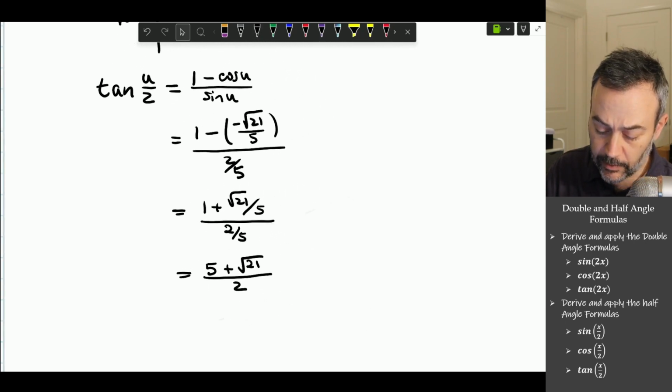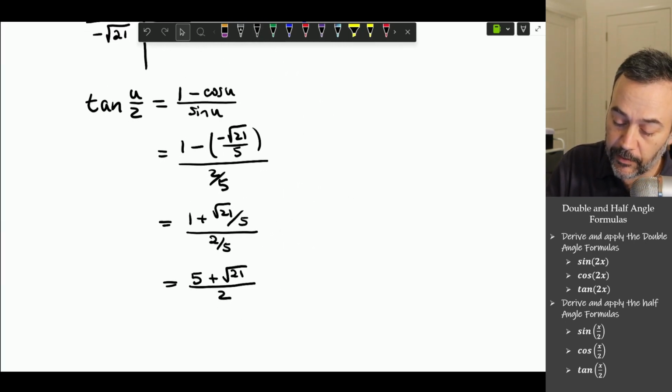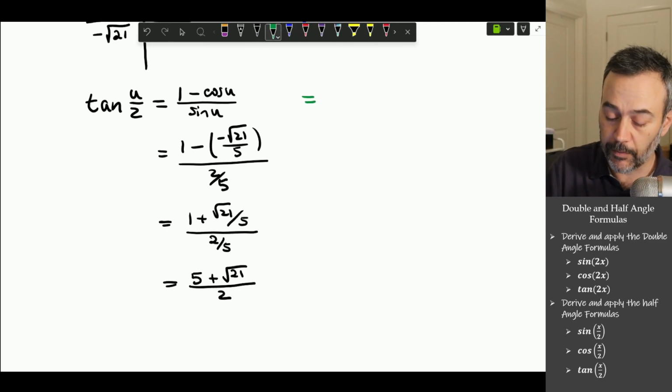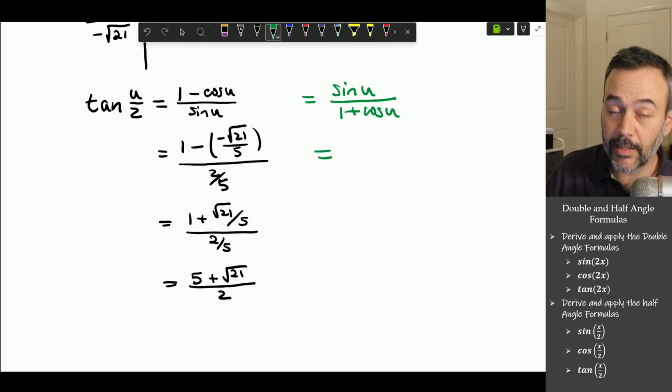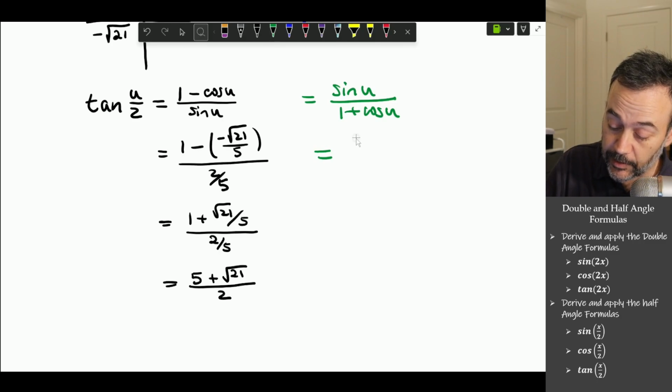Now, by the way, remember there were two versions for tangent of u over 2. So if you look at your formula sheet, you'll also find that tangent of u over 2 is equal to sine of u over 1 plus cosine of u. If I had used the other one, it will still work, because I will just get 2/5 in the numerator.